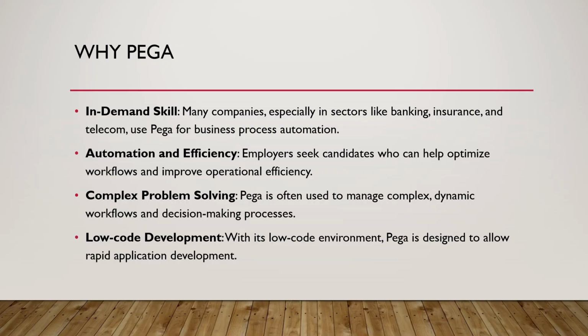We'll be discussing each and every rule in the later classes, but just understand that Pega helps to automate things very easily. It also solves complex problems. If there is a big decision making that needs to be done, or if it involves routing techniques, we can easily design that in no time. That's the reason why we can solve each and every problem, even though it's a complex problem.